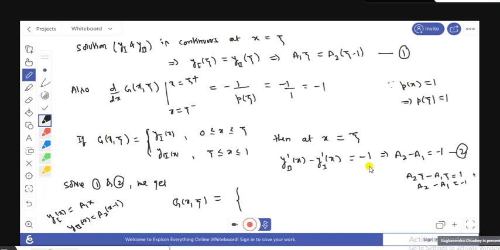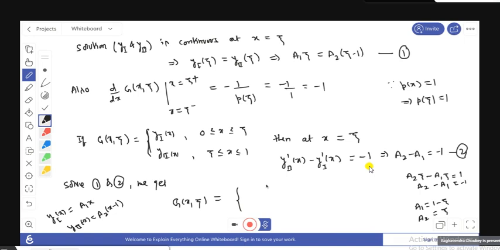So a2 minus a1. What is the value of a1 here? We can write the value of a1 in terms of a2, no problem, so let's try. So I think a1 is 1 minus xi and a2 is xi.